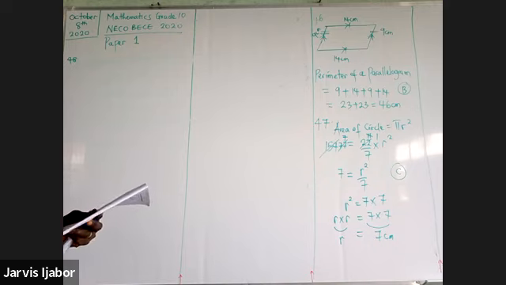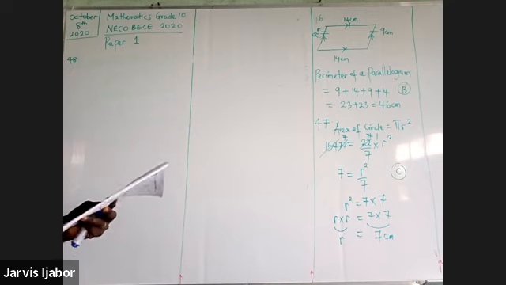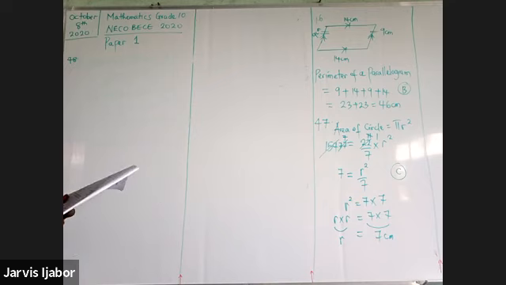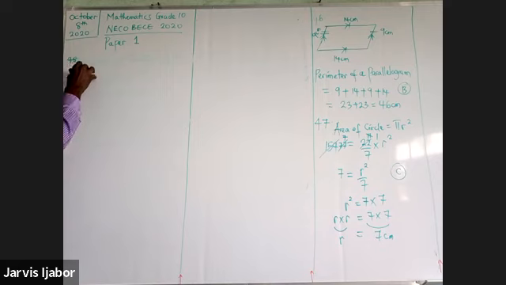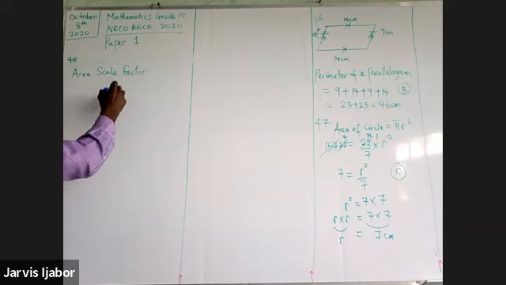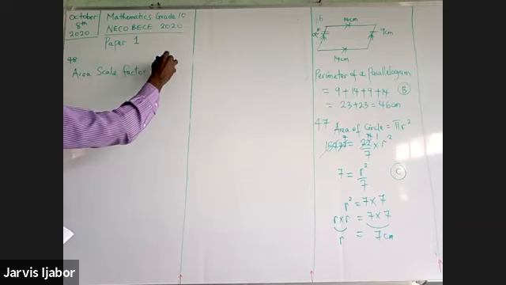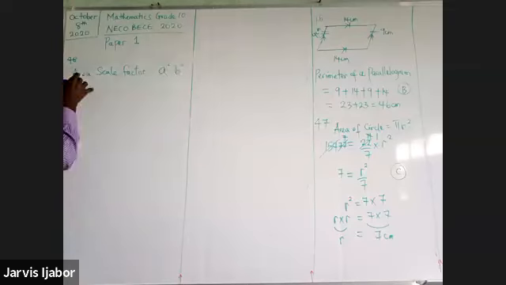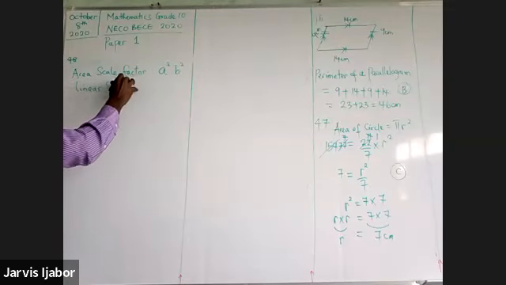If the area scale factor of two similar shapes is 49 is to 121, determine their linear scale factor. Now, area scale factor is always treated as a squared is to b squared. And it is derived from your understanding of what your linear scale factor is.